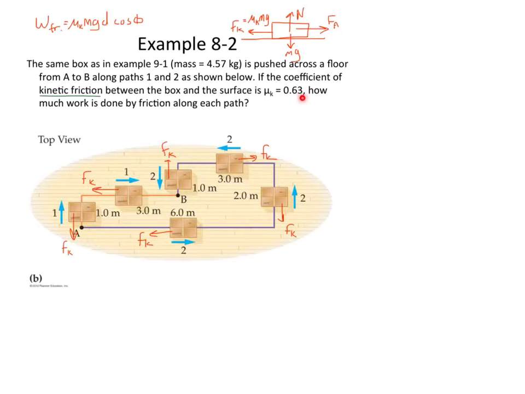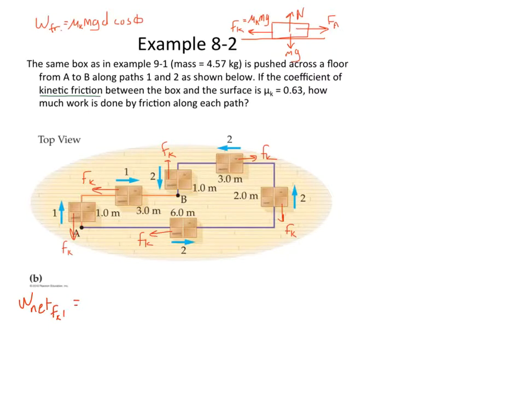Well, let's do path 1. It looks like it's red, maybe it's orange, I don't know. I'm going to write in red. So the net work done by friction, Fk, for path 1. That's another crazy subscript, but we're being specific about what work we're talking about.